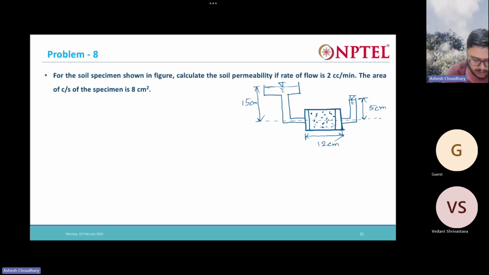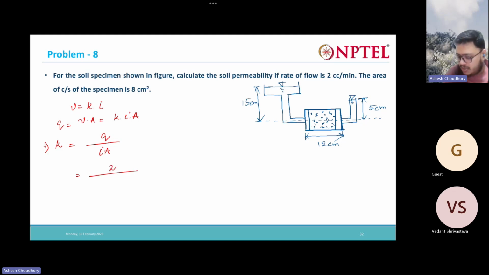Everything is given, right? So from Darcy's law, we know velocity is what? k into i, permeability times the hydraulic gradient. So flow is velocity into area, which is nothing but kiA. Therefore, what is this k permeability? Q by i into A. Now what is Q? The flow is given as 2 centimeter cube per minute. What is the hydraulic gradient? Head loss by the length of flow.